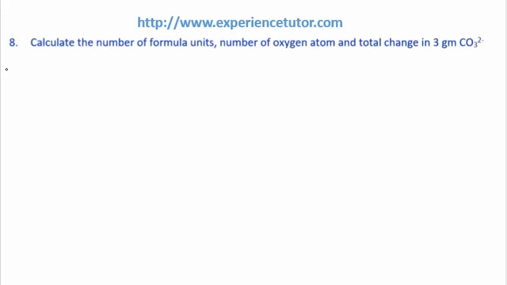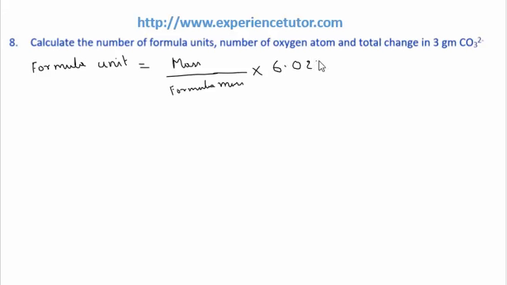So formula unit, first of all we should know that formula unit is equal to mass of the species upon formula mass, into 6.023 into 10 to the power 23.